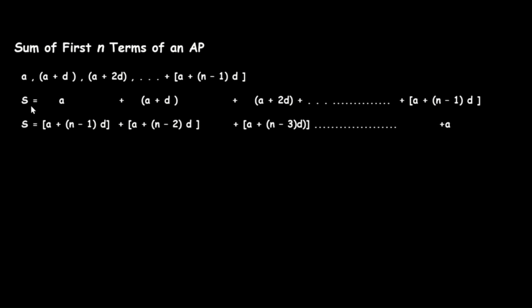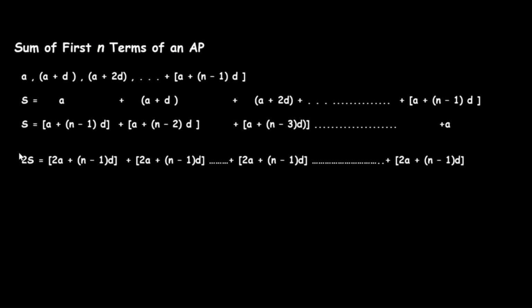Now let's add these two expressions. So S plus S would be 2S, and let's add each term now. Adding the first term to the first term, we get a plus a, 2a, plus (n minus 1)d as it is. Now adding the second term to the second term, we get a plus a, 2a, and if we add (n minus 2)d to d, we get (n minus 1)d.